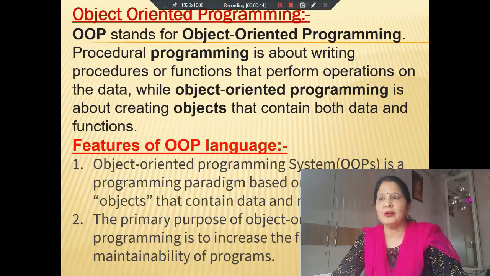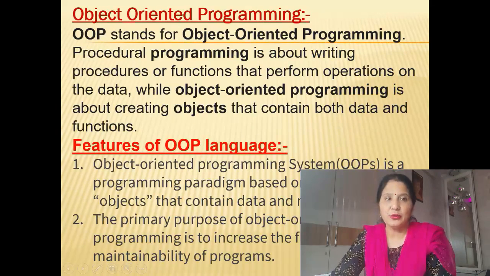First, what is object oriented programming? In short form, we call it OOP. OOP stands for object oriented programming. Procedural programming is about writing procedures or functions that perform operations on the data, while object-oriented programming is about creating objects that contain both data and functions.